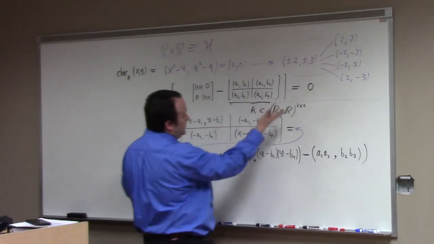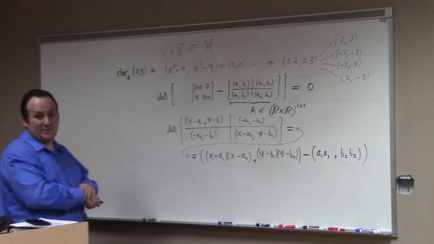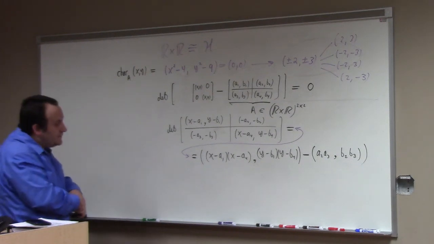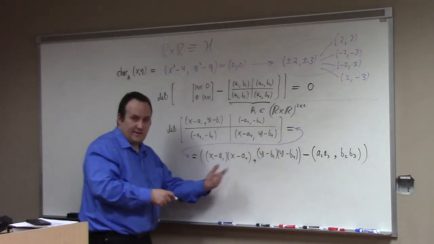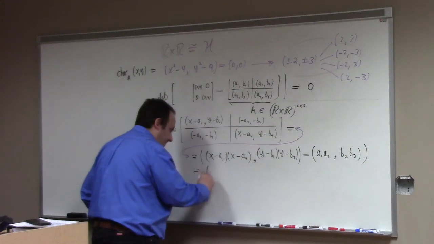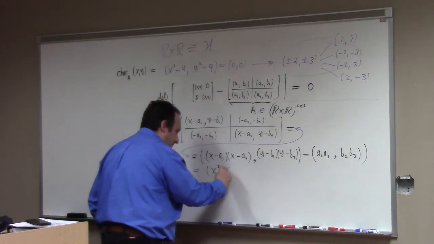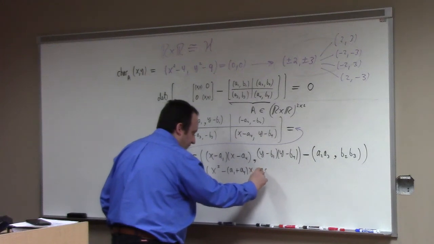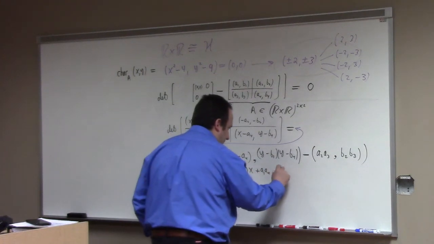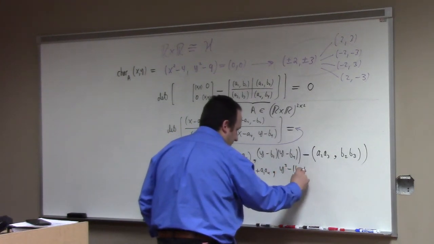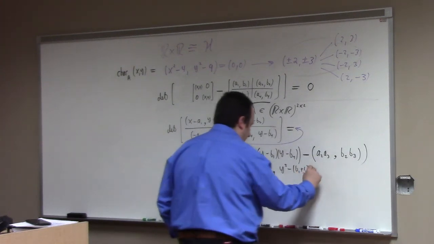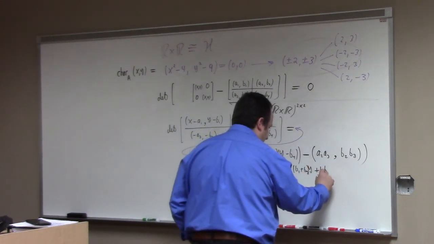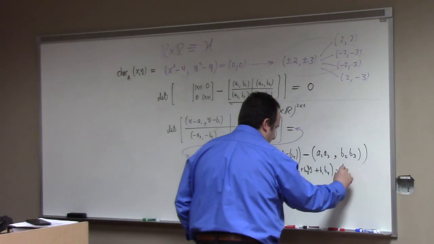Oh, there's 8 moving parts. Maybe we can get away with discarding some of them. I don't know. This gives me x squared minus a1 plus a4 x plus a1 a4, y squared minus b1 plus b4 y plus b1 b4, minus that thing.